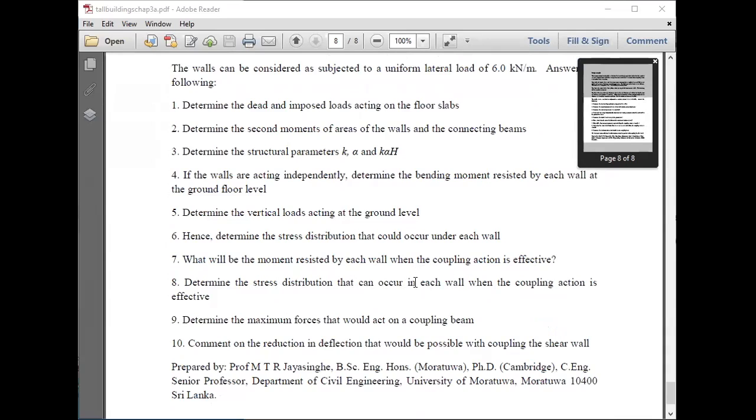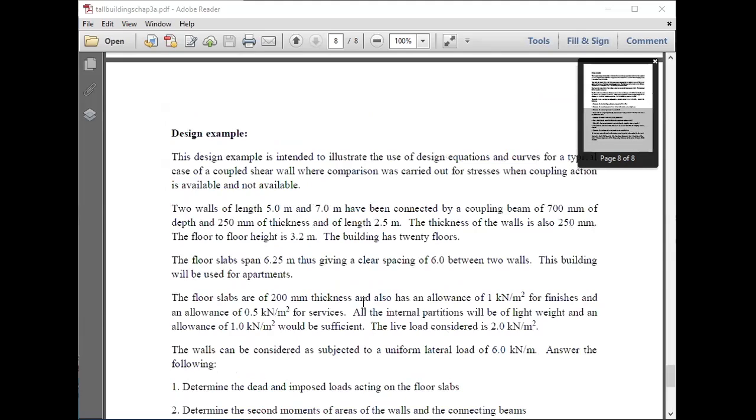Determine the maximum forces that could act on the coupling beam, and then comment on the reduction in deflection that would be possible with coupling the shear wall. So we'll see the last two parts.